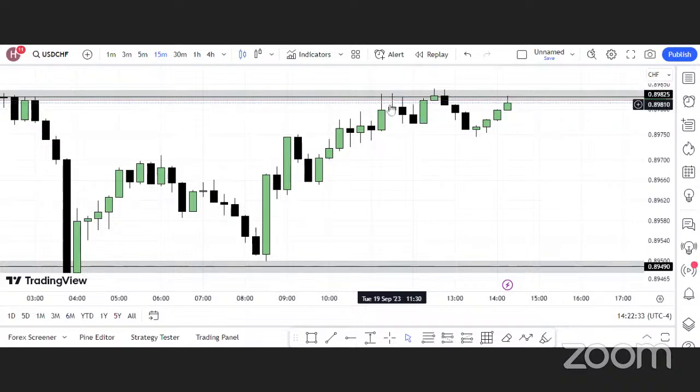So what I do is, whenever price is getting close to my resistance or my support zone, I wait for a better confirmation. When I get this, sometimes I will not enter my trade. I want to see something like this.